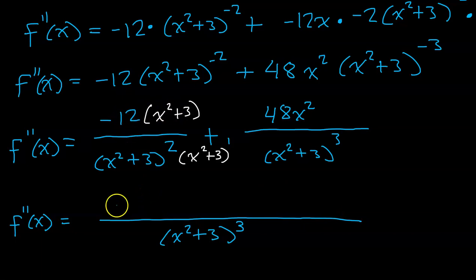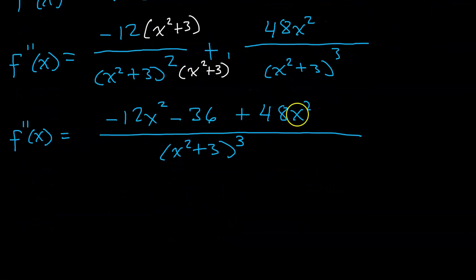So distributing here, I'm going to get negative 12x squared minus 36, and then I'll have the plus 48x squared happening. Let's go ahead and combine these like terms.